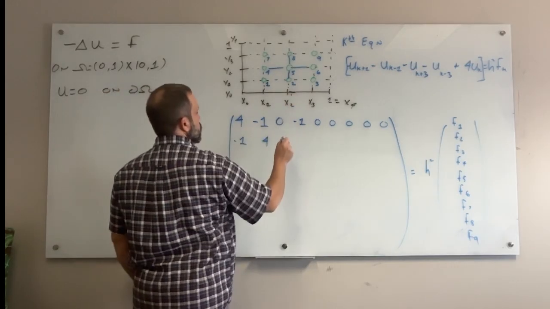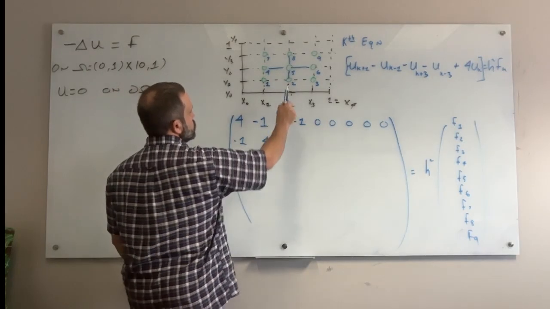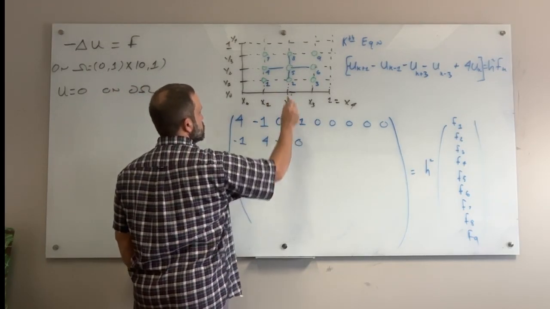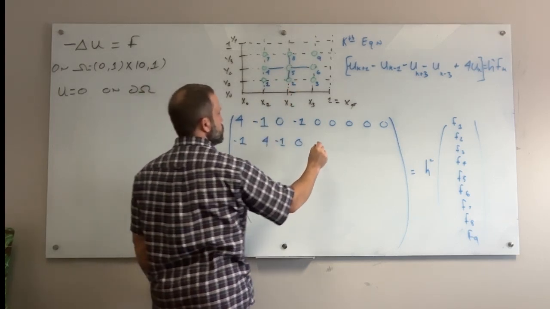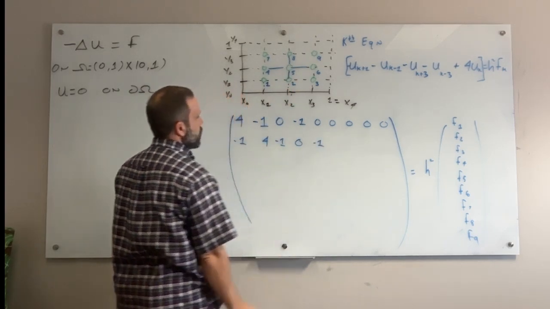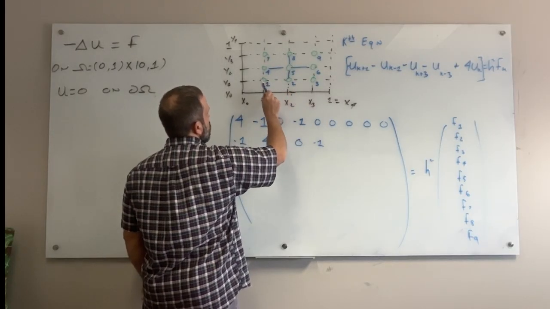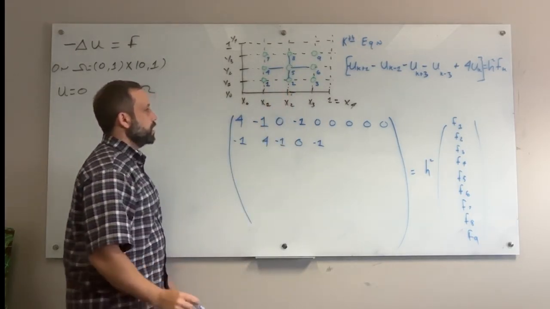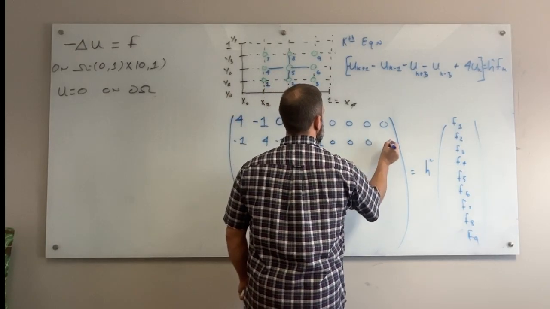The coefficient on U3 will be a minus 1. The coefficient on U4 is a 0 because that's not part of this stencil. But the coefficient on U5 should be minus 1 as well because that's part of this stencil. And for 2, it's only these 1, 3, and 5 where there's going to be a non-zero coefficient. So then we're going to have 0, 0, 0, 0.